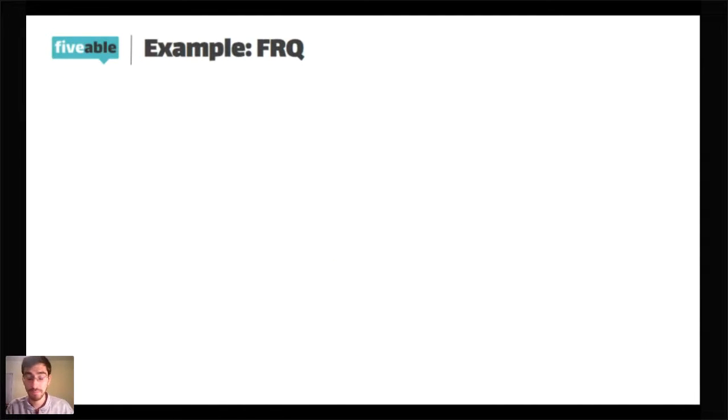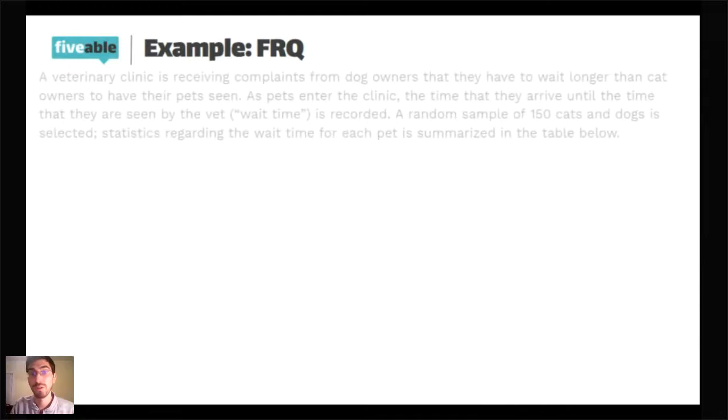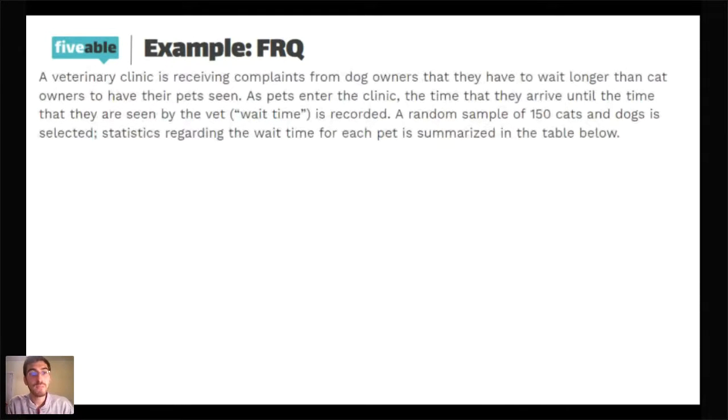So here's a scenario similar to one that we've seen in the past. A veterinary clinic is receiving complaints from dog owners that they have to wait longer than cat owners to have their pets seen. As pets enter the clinic, the time that they arrive until the time that they are seen by the vet, aka wait time, is recorded. A random sample of 150 cats and dogs is selected. Statistics regarding the wait time for each pet is summarized in the table below.